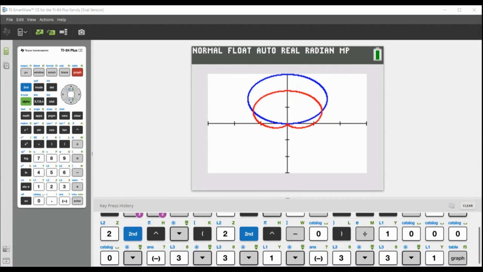Okay, so that's going to be the area above the red cardioid and below the blue circle. All right, so I'm going to get to the solution here, but are we okay with this? Are there any questions so far?